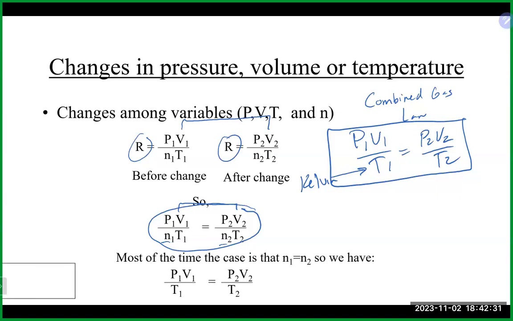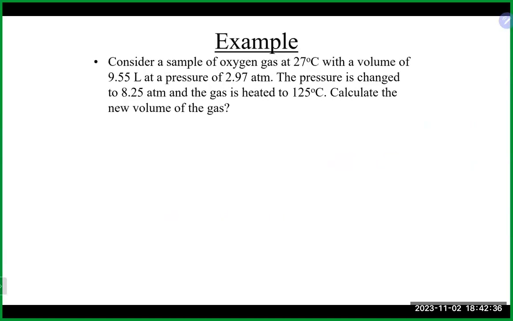Consider a sample of oxygen gas at 27 degrees Celsius with a volume of 9.55 liters and a pressure of 2.97.